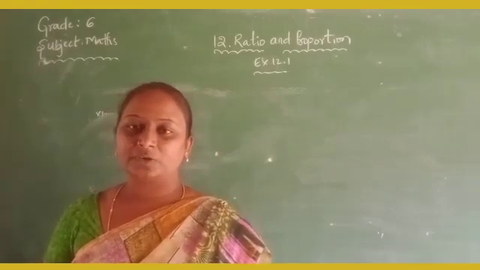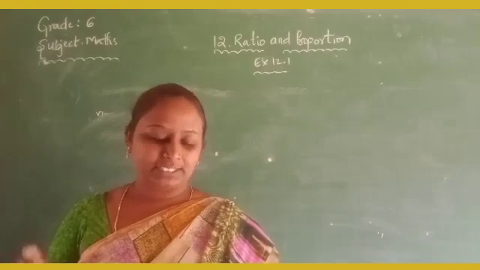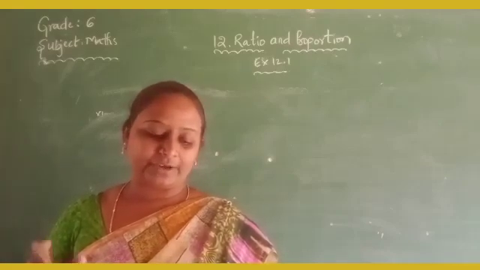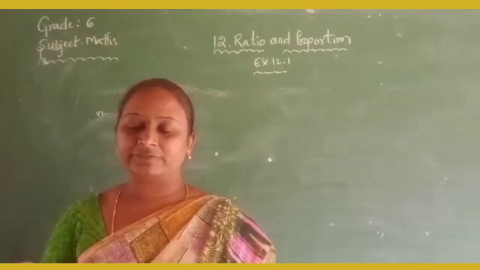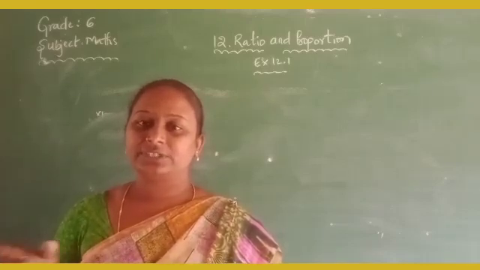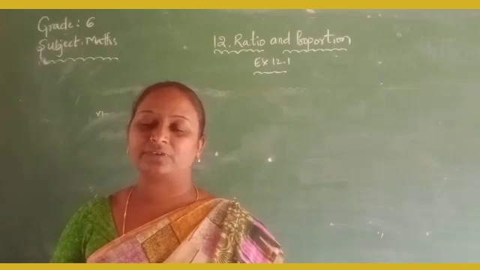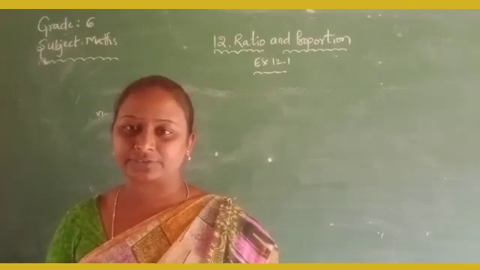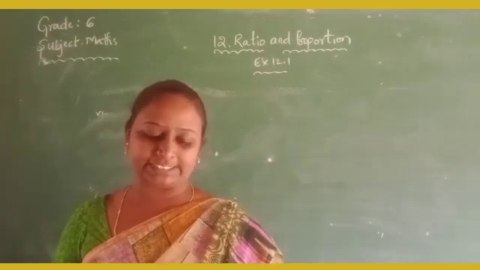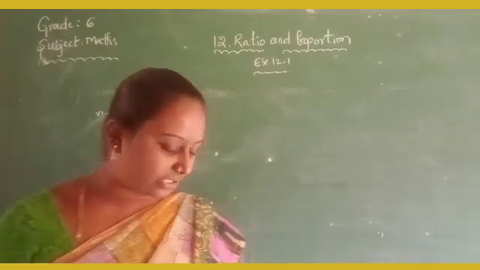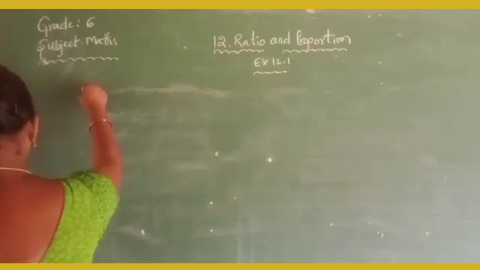Remaining means how to find? You have to add the students who opted for basketball and cricket. That addition you then have to subtract from the total number of students. Then you will get the number of students who opted for table tennis. Is it clear? Okay, we will solve that. So, 11th question.